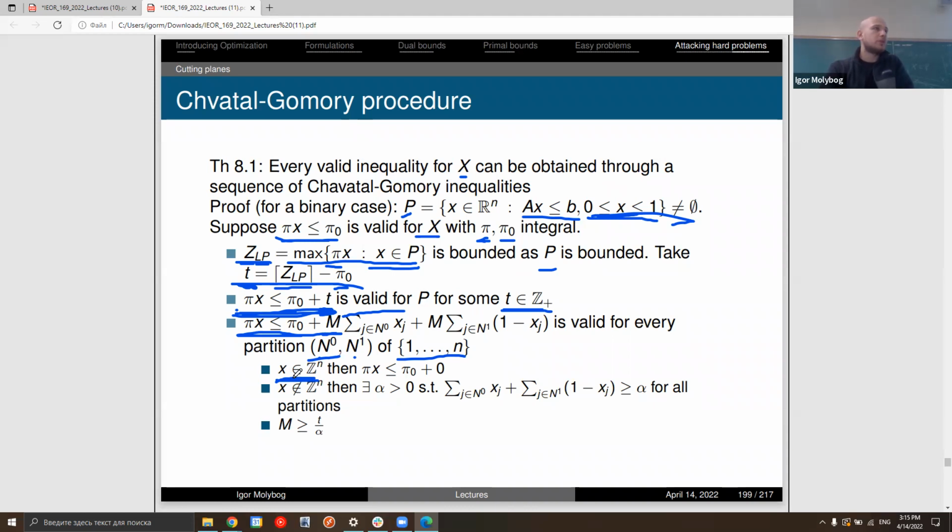If a point is integral and belongs to P, then it belongs to X. And therefore, since this part with the M's is always greater than or equal to 0, and we know that this inequality is valid for any point in X, the only thing we can do is increase the right hand side, which is always good and gives us a valid inequality. Do you agree? Okay.